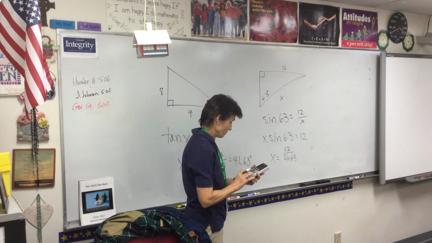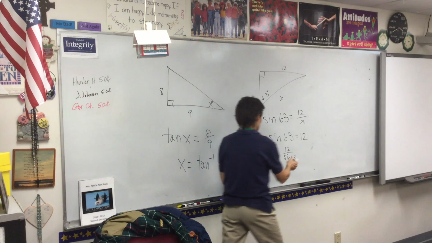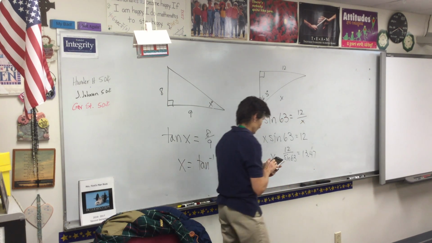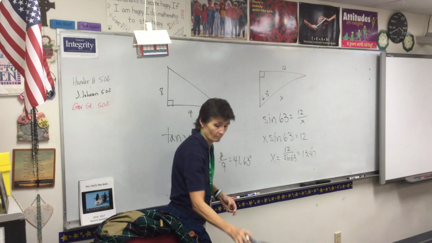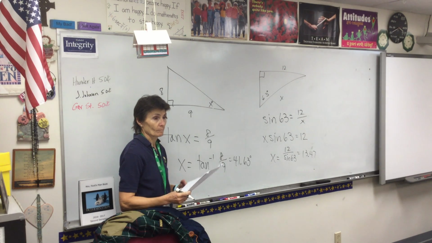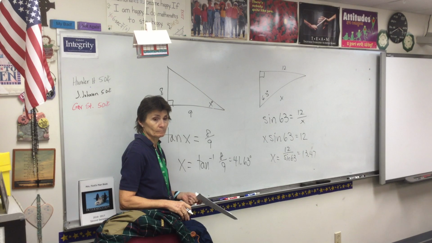So 12 divided by sine 63. So I got 13.47. Everybody okay?